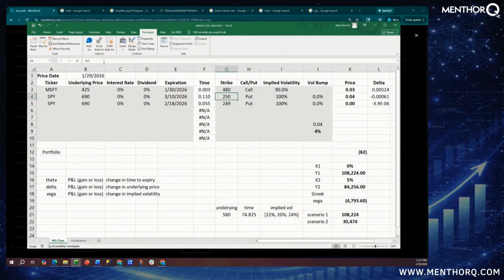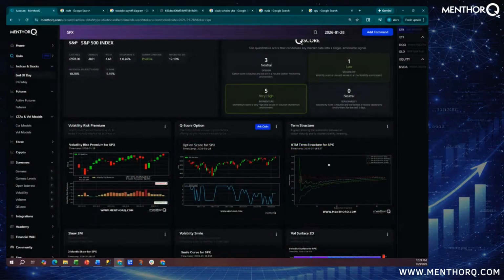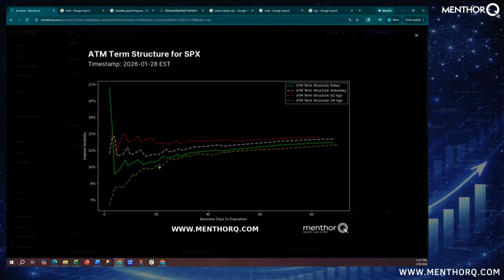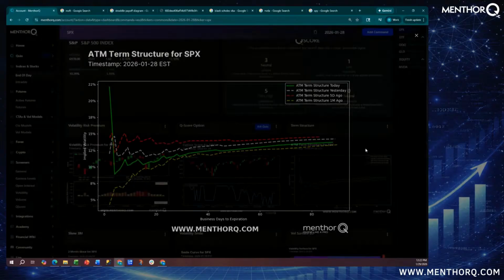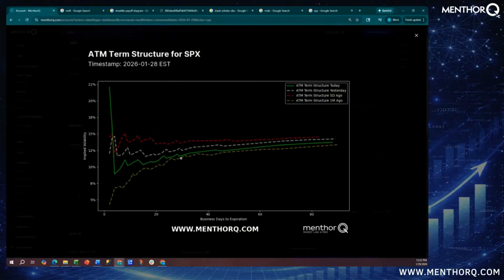So if we traded the 690 put, and it was at 13% vol, no, it was even cheaper. If you bought that around 10% vol, 11% vol, and then 5 days ago, when it got down here, it spiked up to 13%.